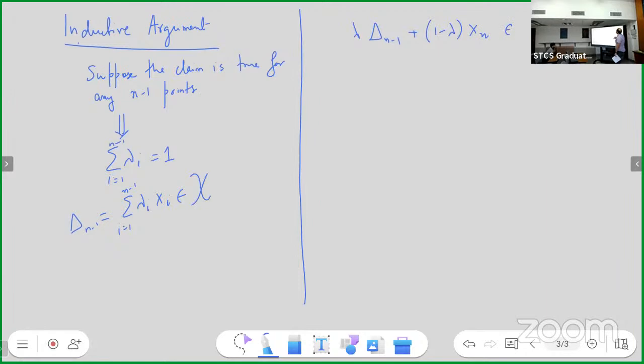That belongs to X. Yes, this is true. Okay, we're not done yet. You see why we are not done, right? Because if I open it up, we still need to prove that the product of lambda times lambda i sums up to 1.